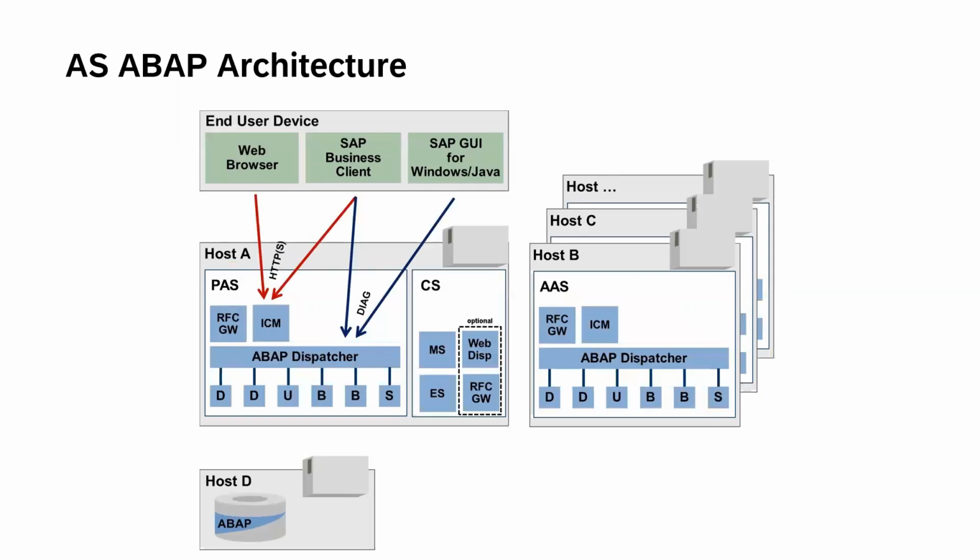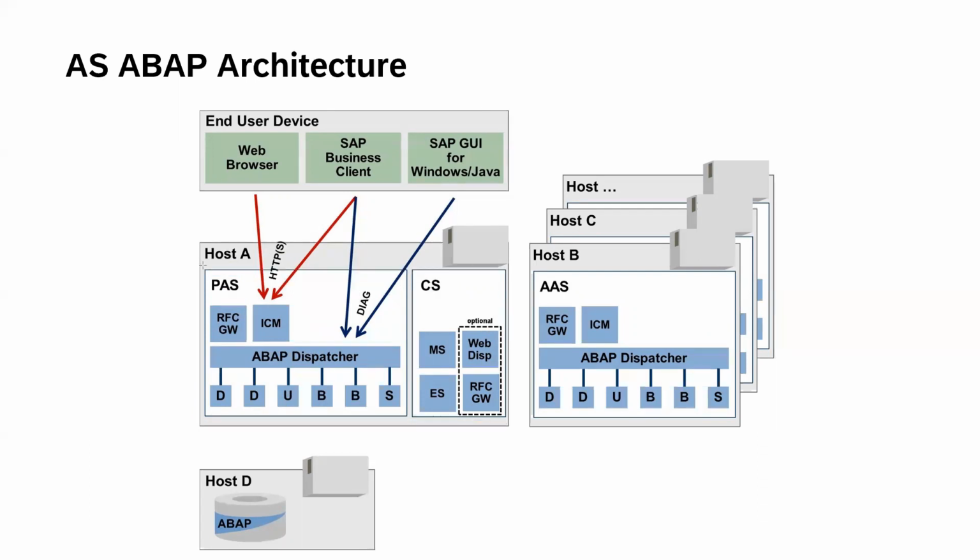So here it is. This is the box which was there in the previous screen. This is your primary application server. This is your CS or ASCS instance.